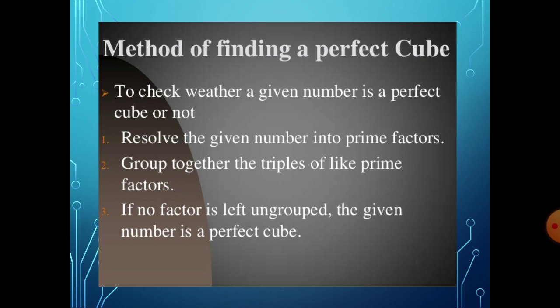Second step, we have to make groups, but here the groups will be of triples, not doubles. In square we take doubles, in cubes we take triples. So group together the triples of like prime factors. If no factor is left ungrouped, the given number is a perfect cube. If any factor is left ungrouped, the given number is not a perfect cube.